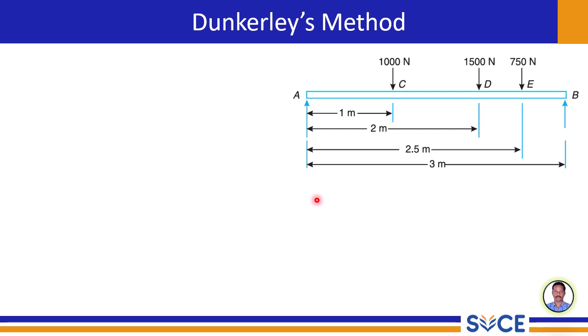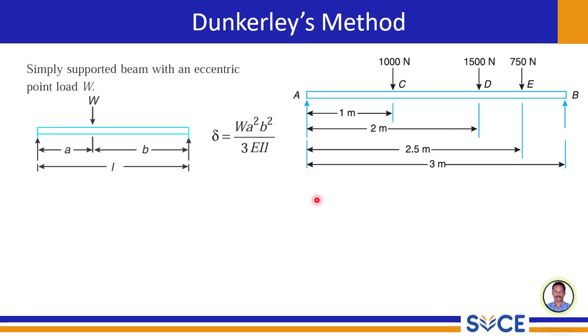Let's calculate the static deflection because of the first load, where W1 is 1000 Newton, which is located at A1, that is 1 meter from the left support. Since the total length of the shaft is 3 meter, if A equal to 1 meter, then B equal to 2 meter.